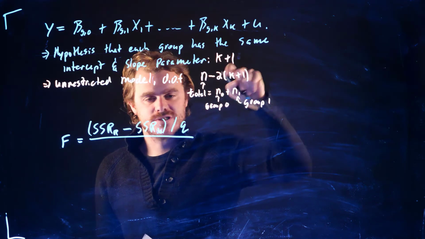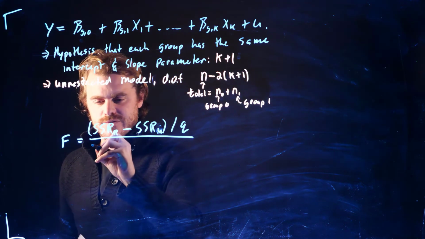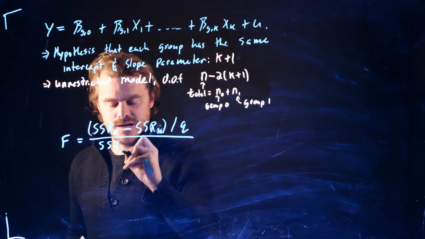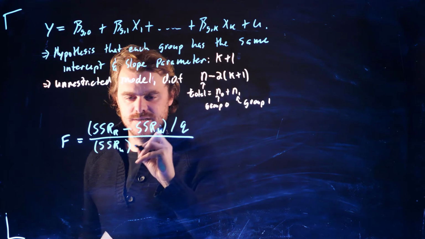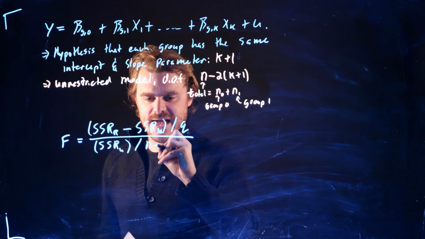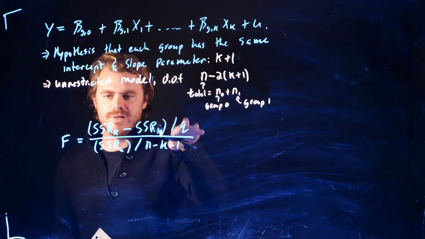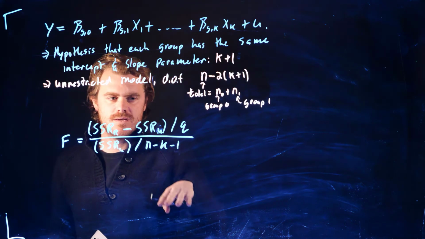That's the number of restrictions we just figured out, but this is just the regular formula we're used to. This is the SSR unrestricted. And we normally have n minus k minus 1 here, right? So this is the normal formula that we deal with.